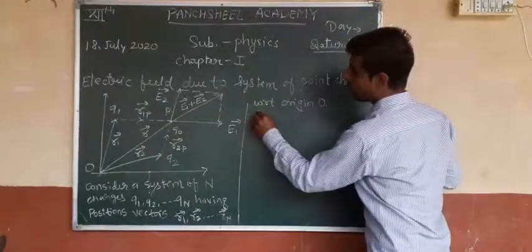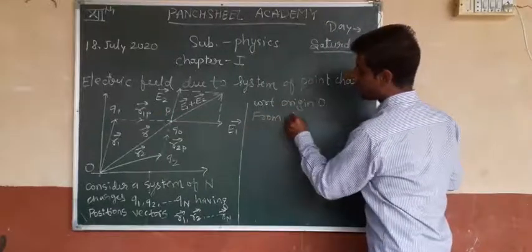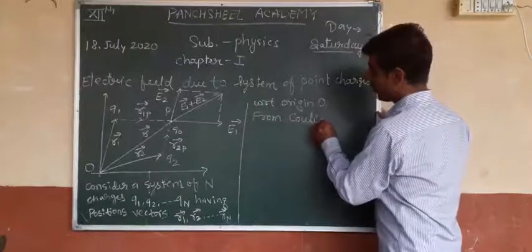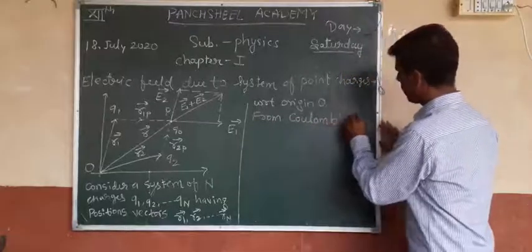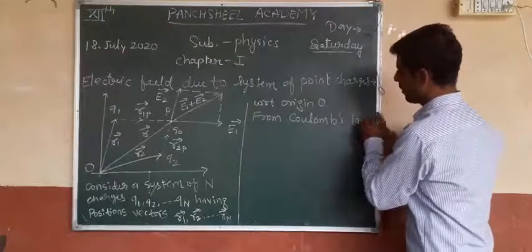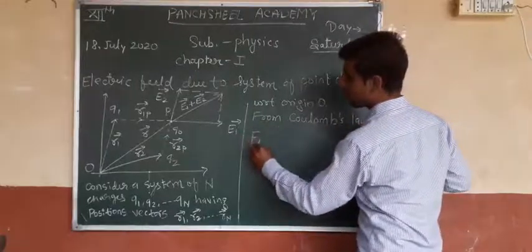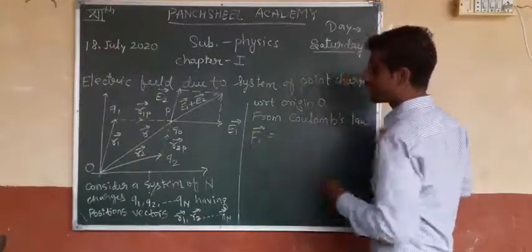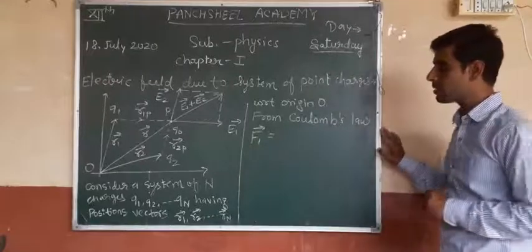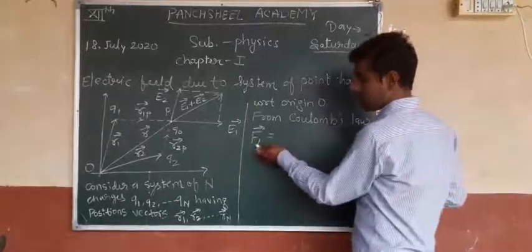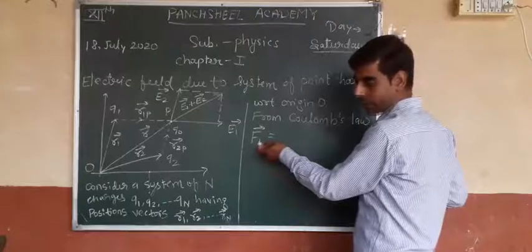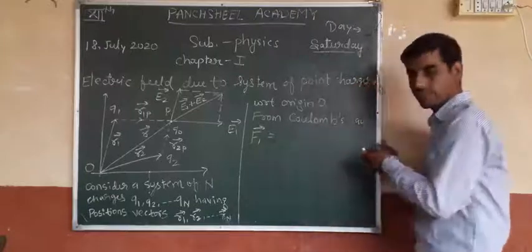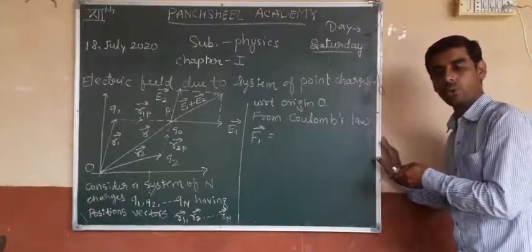So from Coulomb's law, what is the value of F1? How do we write the F1 vector? The value of a vector is magnitude into unit vector.